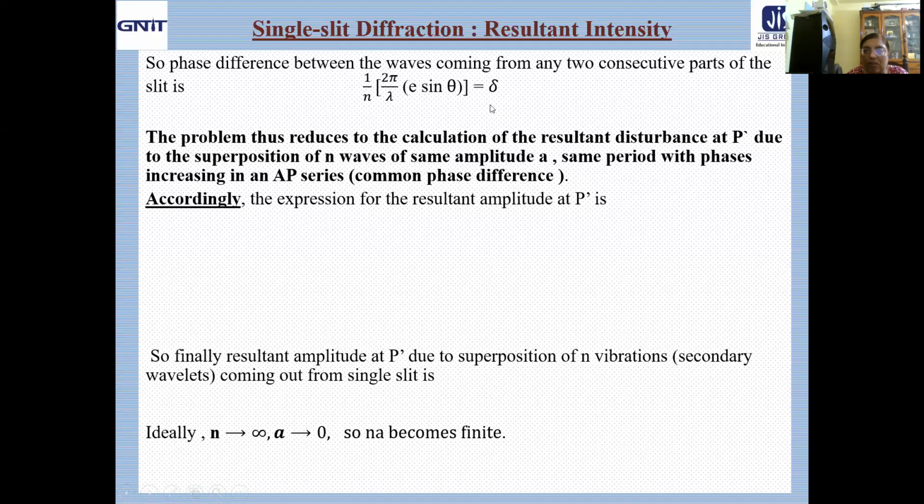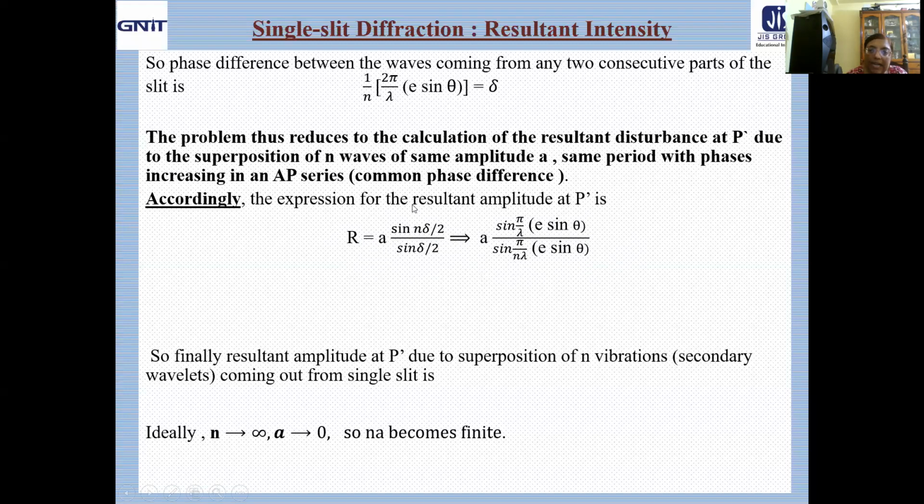Between two consecutive parts, it is delta. Between first to third part, it is 2 delta. Between first to fourth one, it is 3 delta, and so on. Accordingly, the expression for the resultant amplitude at P prime, this is the standard one for such type of problems, is given by A sine n delta by 2 by sine delta by 2.